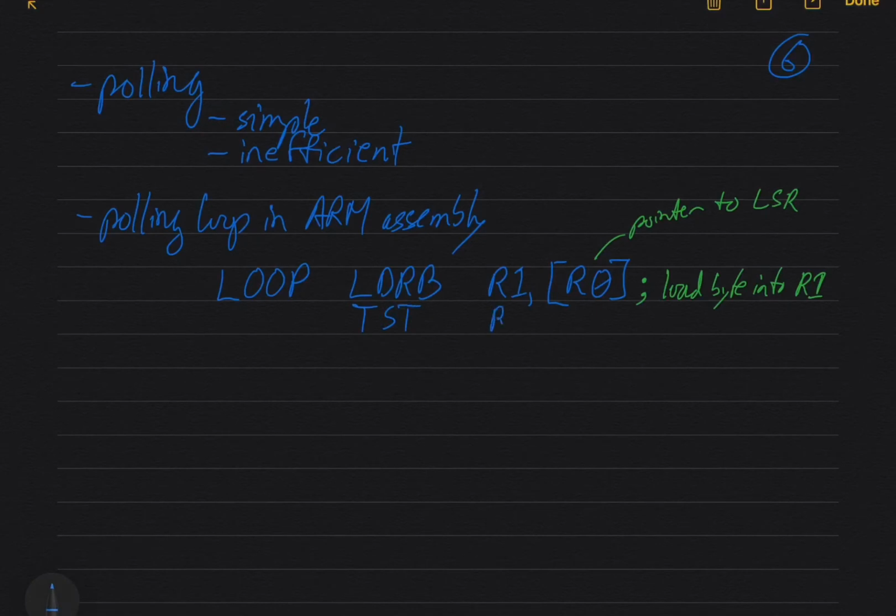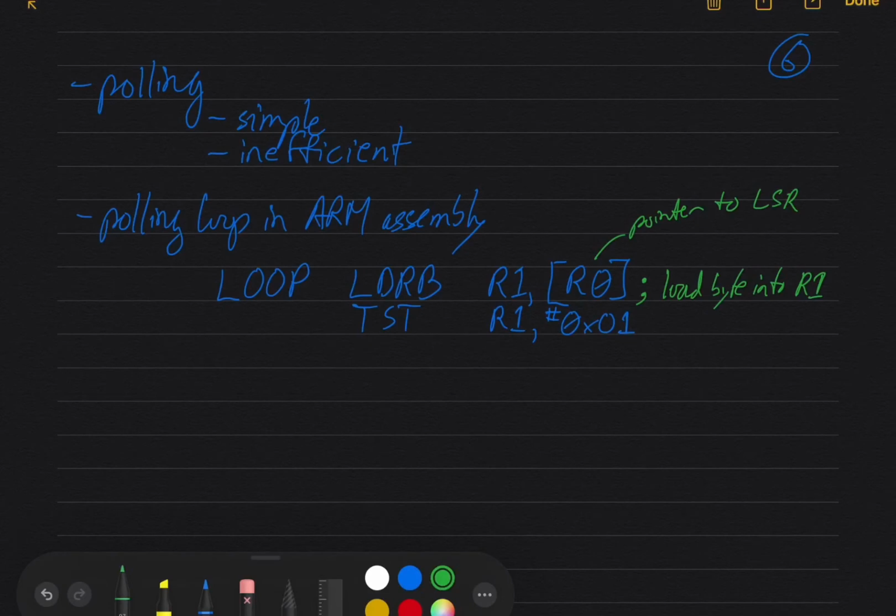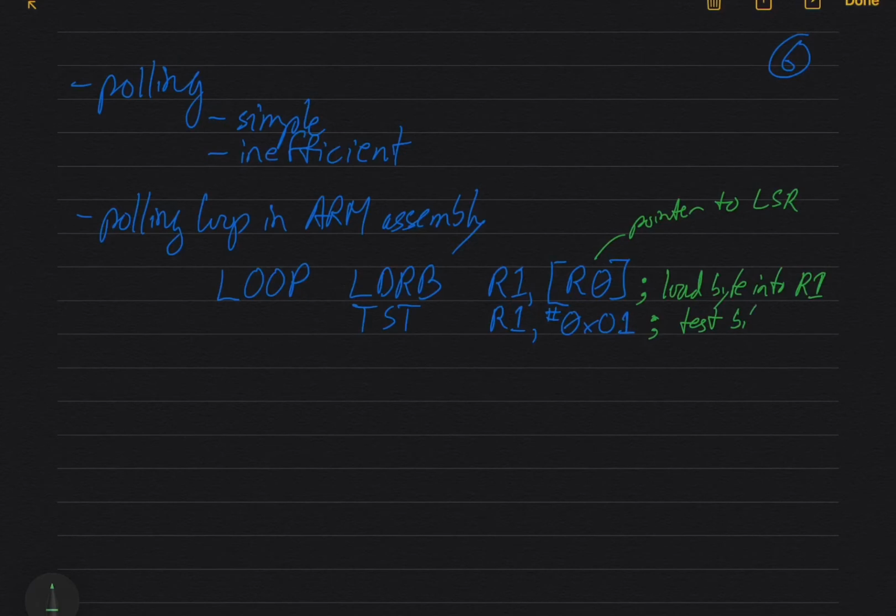Test R1, and what test does is it does a bitwise AND. This is an immediate operand, which means it's a constant that's embedded in the instruction. There's our 0x01. So what we're going to do here is test bit 0. It's going to do a logical AND, or bitwise AND, of the value in R1 from the LSR and that constant.